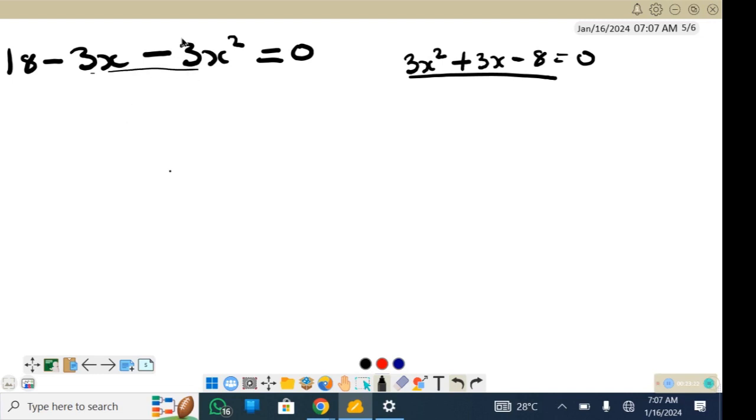So what you are seeing here and what you are seeing here, they are the same. Because see it now, when you carry this one here cross over the equality sign, it will change to plus 3s squared. When you carry this minus 3s cross over the equality sign, it's going to change to plus 3s. When you carry this 18 and cross over there, it's going to change to minus 18.